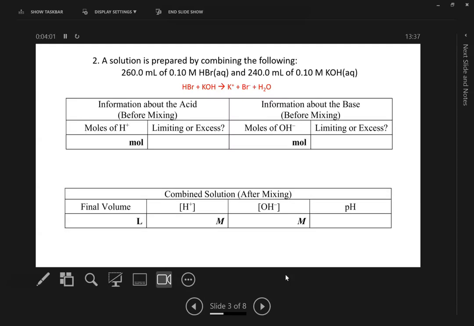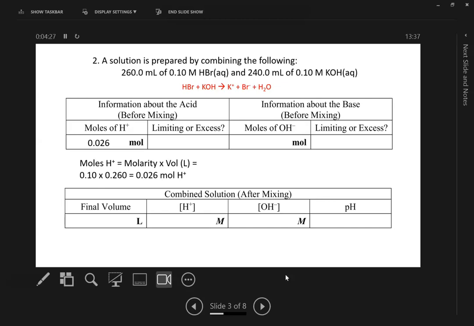All right, and again, we have a little table that we need to fill out to keep track of what's happening. So here, moles of H plus, I have 0.1 times 0.26, and I get 0.026 moles of H plus. Okay, because since it's a strong acid, every mole of acid that I have completely dissociates into H plus.